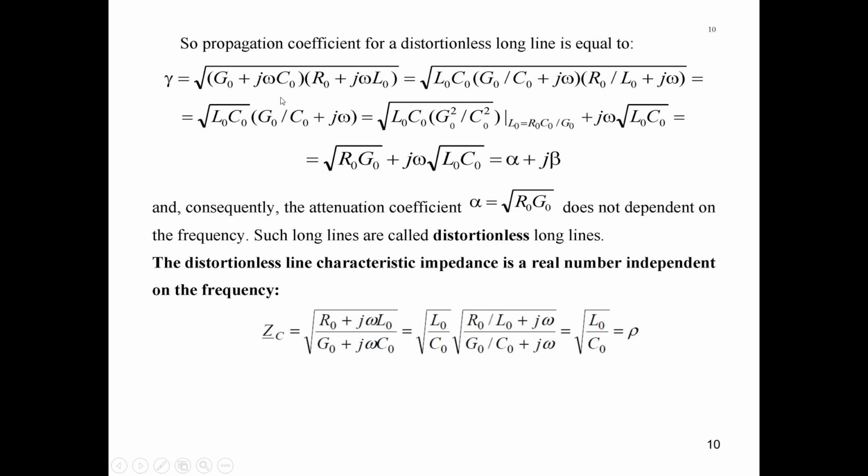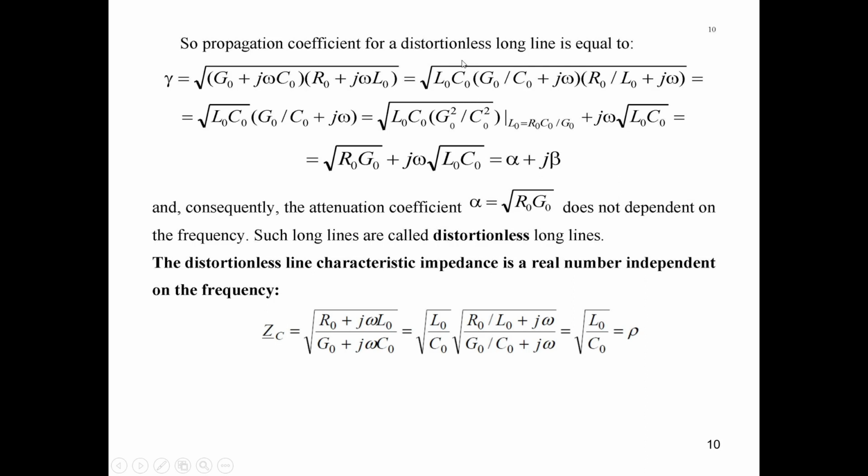So we multiply and divide this expression by C0 and multiply and divide this expression by L0. If we divide both sides of this bracket by L0, it will be R0 over L0 here, and here it will be just j omega, yes? And so we put C0 before these brackets, and L0 before these brackets. So we have such an expression.